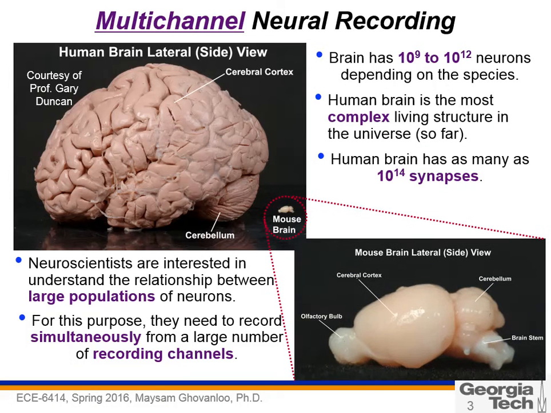And the size of the brain is also important. So here, for example, I have compared the actual size of a mouse brain in comparison to that of a human.